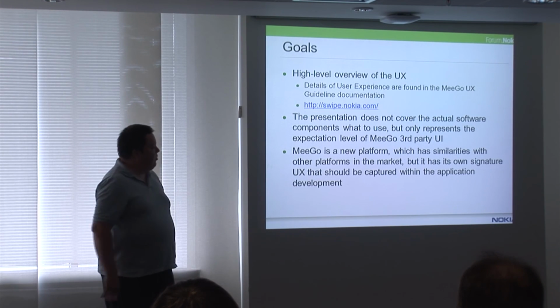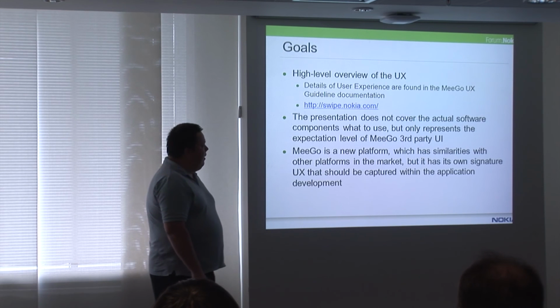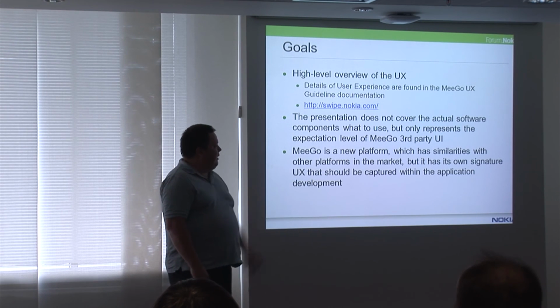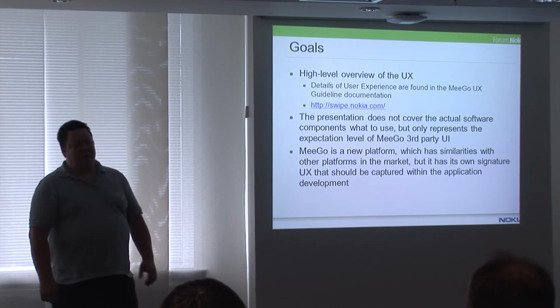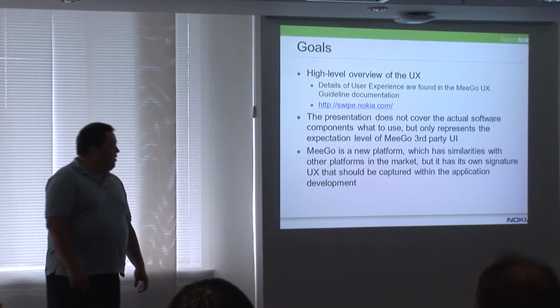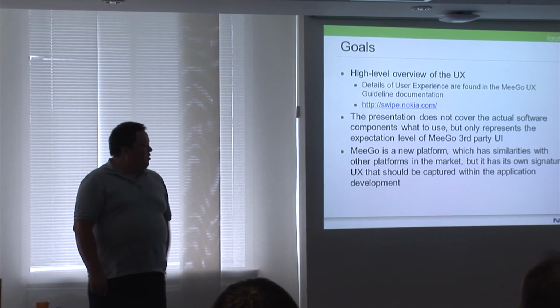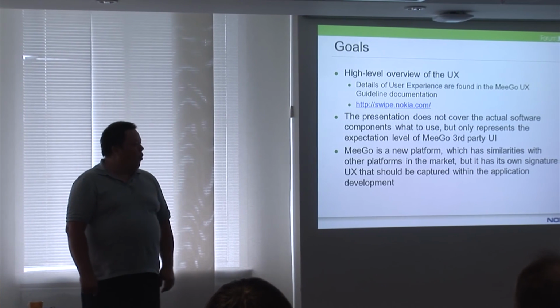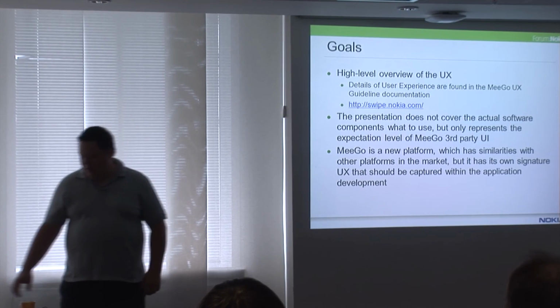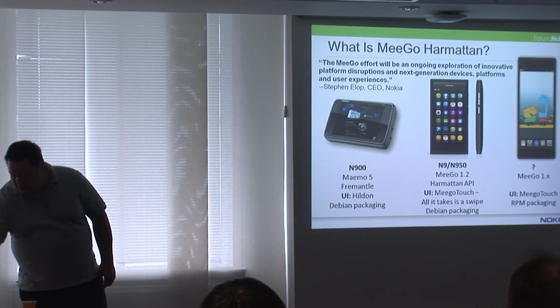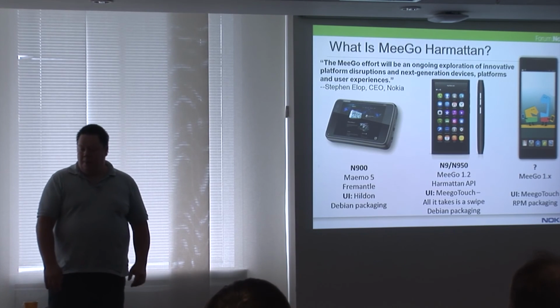So really the idea is to use QML. Yeah, and it has some similarities. Some of the guys have said that there are a lot of similarities to Android, but of course it is its own signature user experience. I will explain soon what the ideas behind it are.